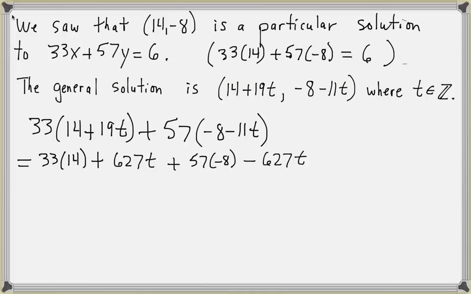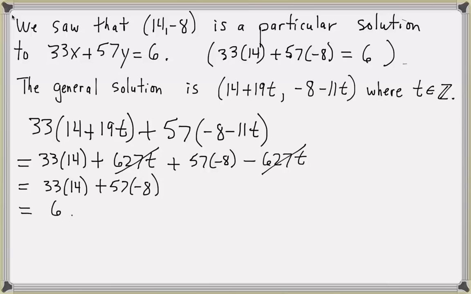The positive 627t and the negative 627t cancel, and I'm just left with 33 times 14 plus 57 times negative 8, which we know equals 6. So we see that (14 plus 19t, negative 8 minus 11t) is a solution for any integer t.